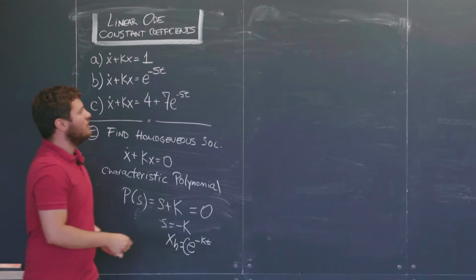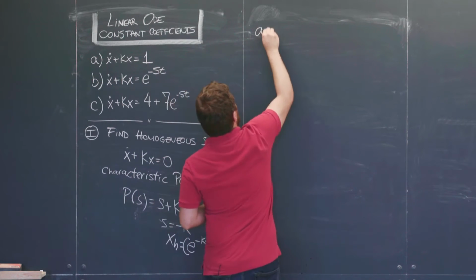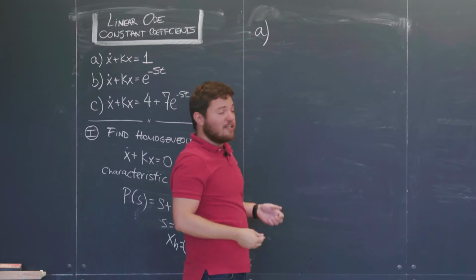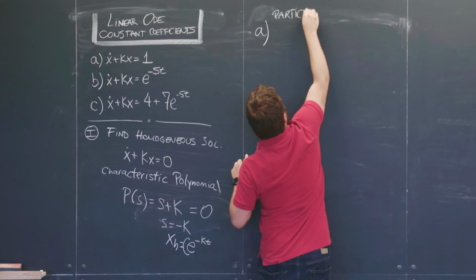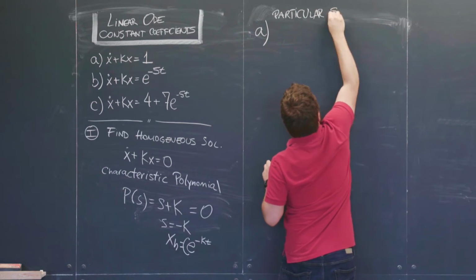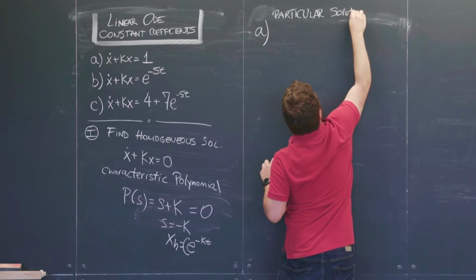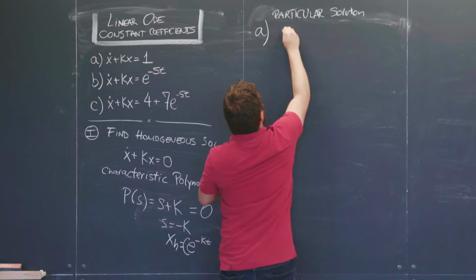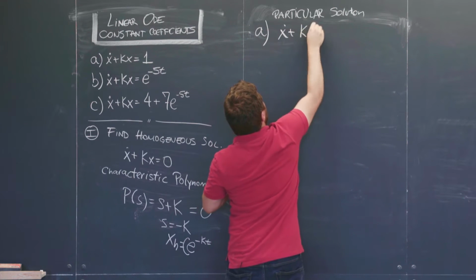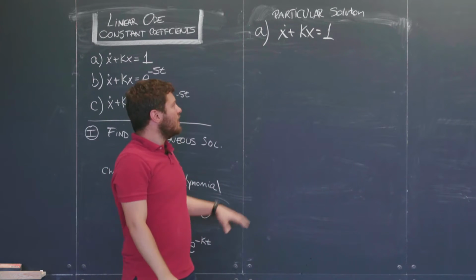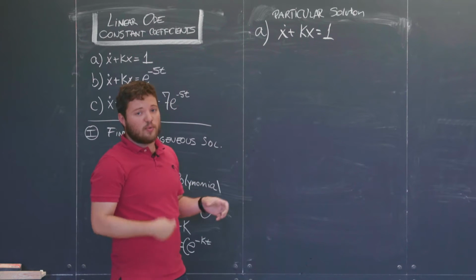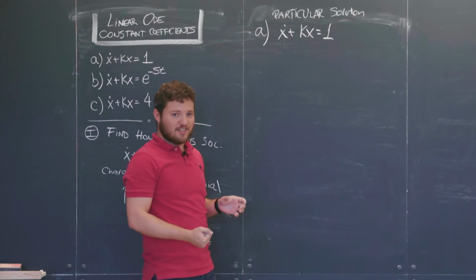constant. All right. For part A, now we need to find a particular solution that satisfies the differential equation x dot plus kx is equal to 1. Now, this is an equation that we can actually solve by inspection.